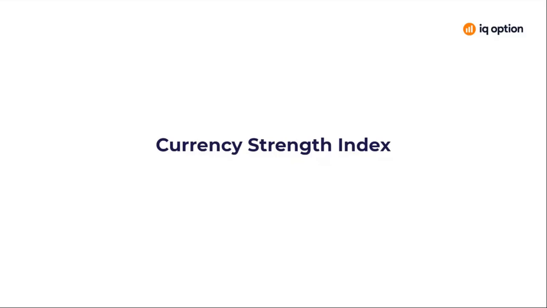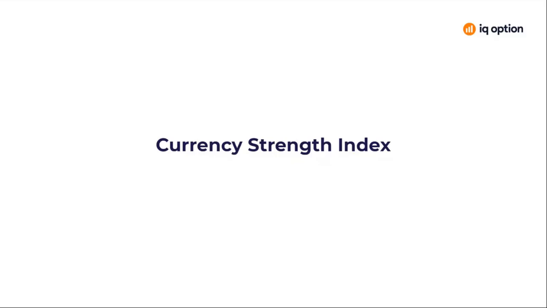So we know how to place our support lines, we know how to place our resistance lines, but what currency pair do we trade? You would apply what we previously discussed into this currency strength index in regards to what this tool will be telling us about this currency pair.